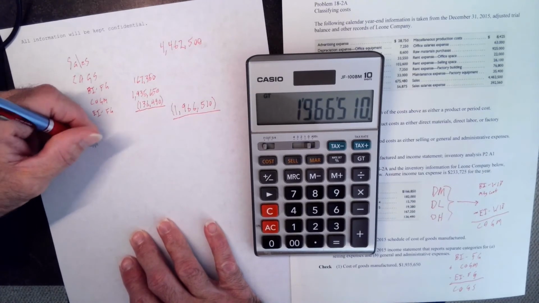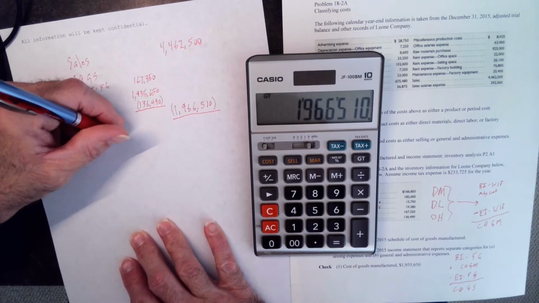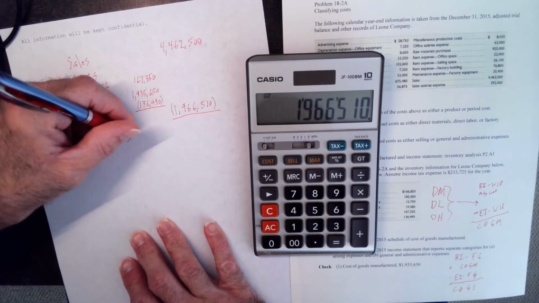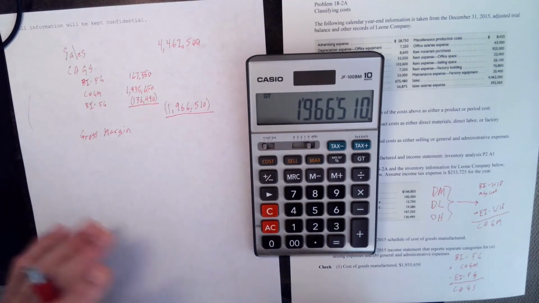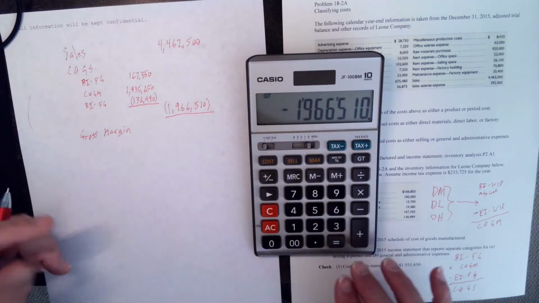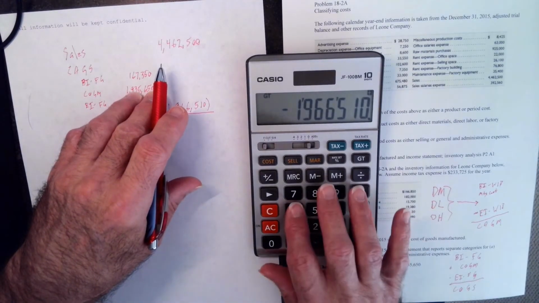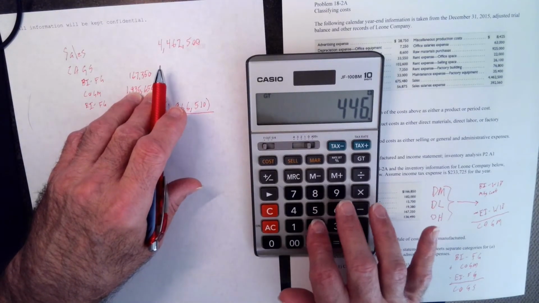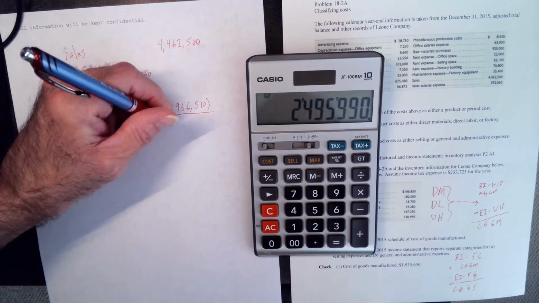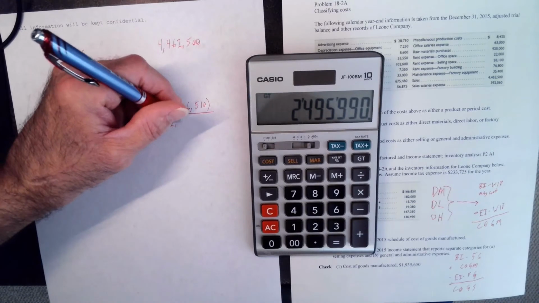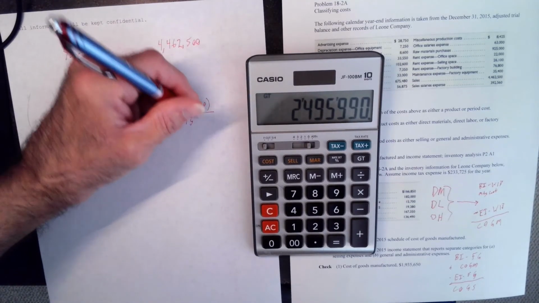Gross margin, gross profit, they're both the same thing. So if you're looking for that on the EOC itself, it's going to be interchangeable, gross margin, gross profit. And I'm going to subtract that from the 4,462,500, and that's going to give me 2,495,990.